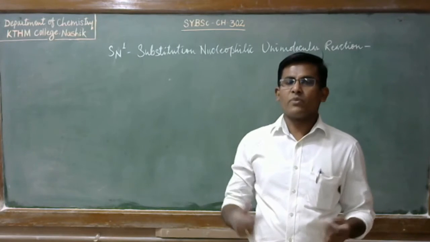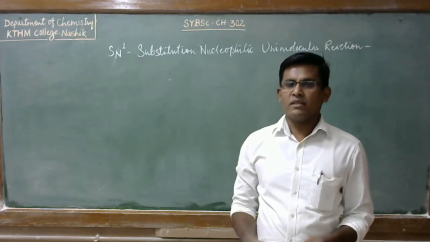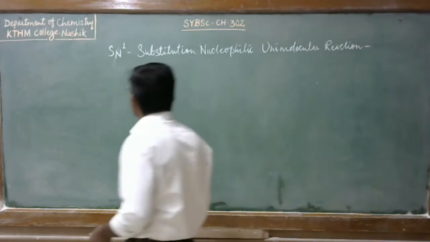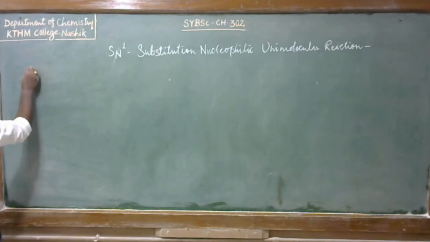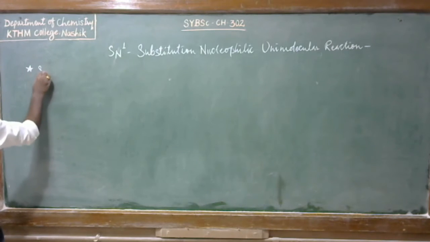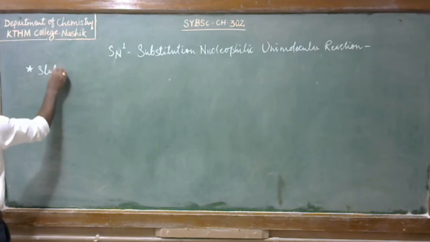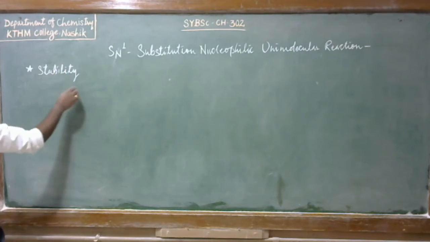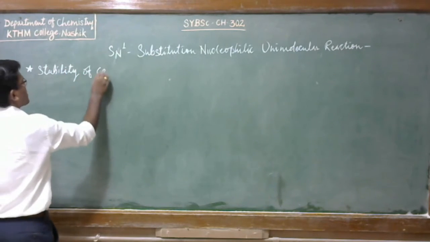If the carbocation is stable, then the rate of the SN1 reaction will be more. Okay. So the first factor is stability of carbocation.